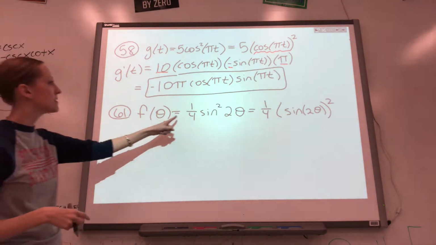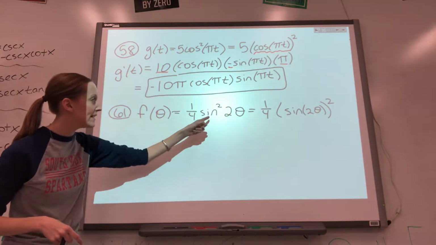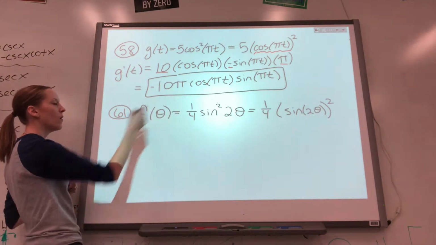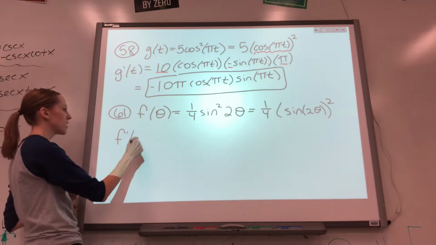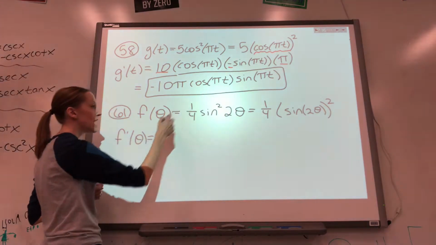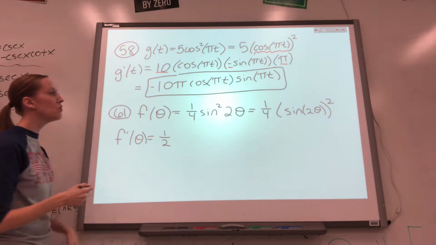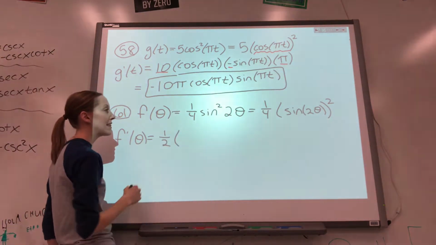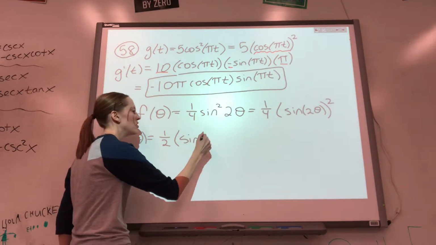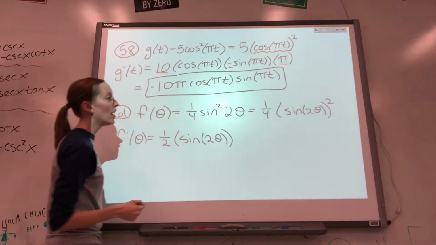The 1/4 isn't squared, just that part is. So, pull my power out front. I'm starting the derivative now. 2 times 1/4 would be 2/4, but I'm going to simplify that. Make my new power 1 less.